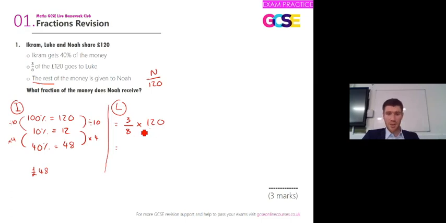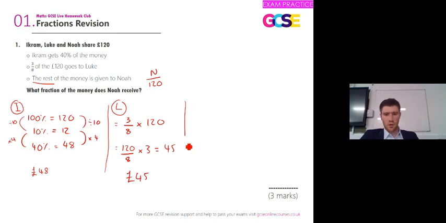That's how it is, because 120 divided by 4 is 30, and an eighth is half of that again. So 1/8 is 15. 120 divided by 8 is 15, times by 3 is 45. So Luke gets £45. No problem there. Luke gets £45.